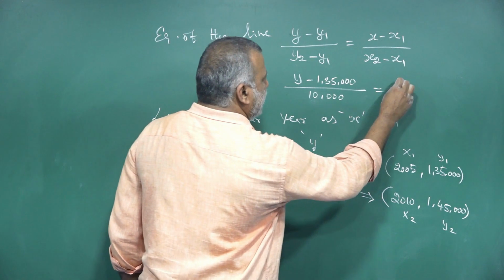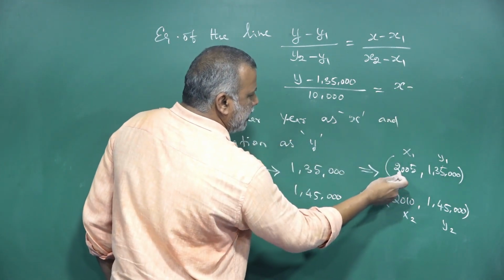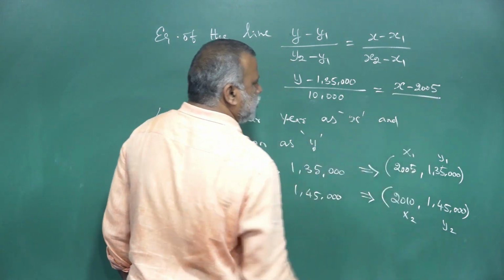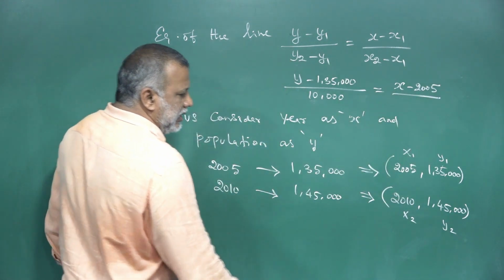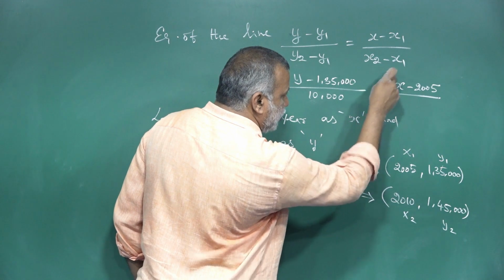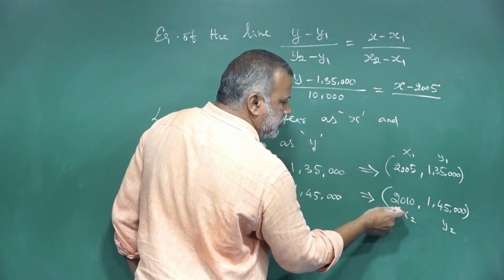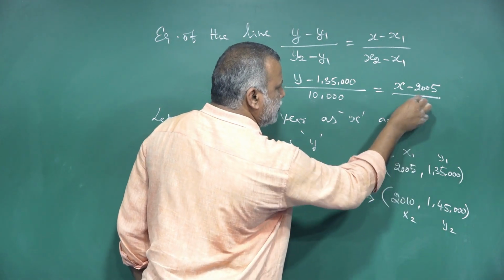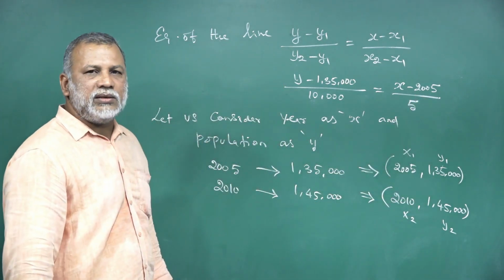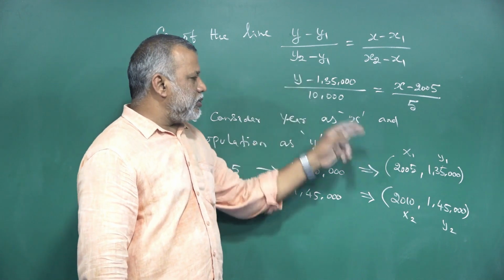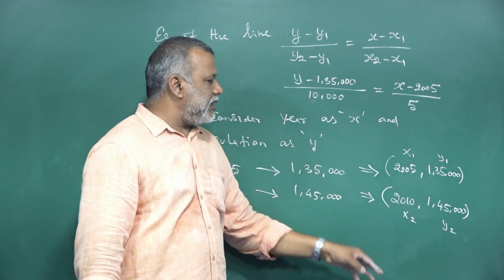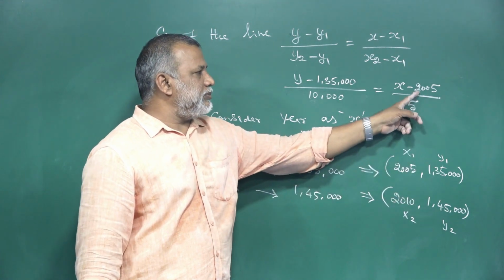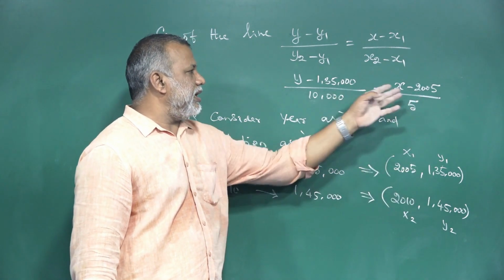Is equal to x minus x1, and the x1 value is 2005, the first year. Again in the denominator, x2 minus x1: x2 is 2010 and x1 is 2005, so the difference is 5. So we can substitute the data straight away. Subtract here for y2 minus y1, and subtract here for x2 minus x1. In the numerator, you have to substitute the data x1 comma y1 here.